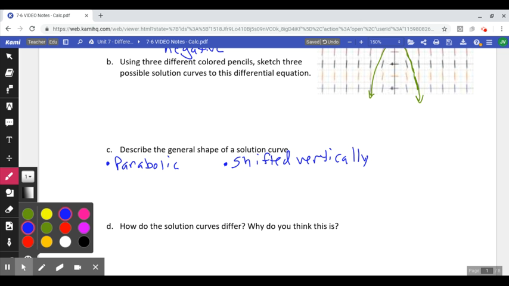We could say shifted vertically or reflected, because the green one right there is also reflected. And then we could also say that the vertex appears to be on the y-axis.